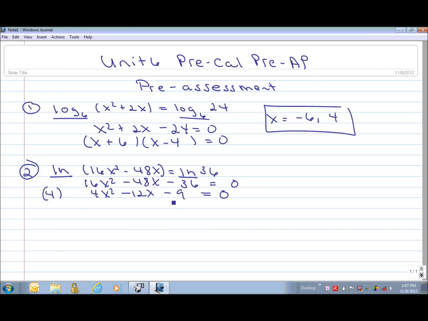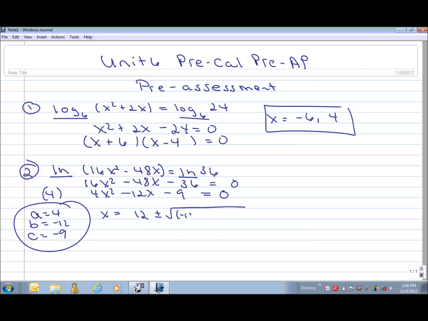So let's go ahead and take a look at that. We know your a value is 4, your b value is -12, and your c value is -9. So we're going to substitute those values into the quadratic formula. Our x values will be equal to -b, which would be +12, plus or minus the square root of b squared, which would be -12 squared, minus 4 times a, which is 4, times c, which is -9, all over 2a, which is 2 times 4.